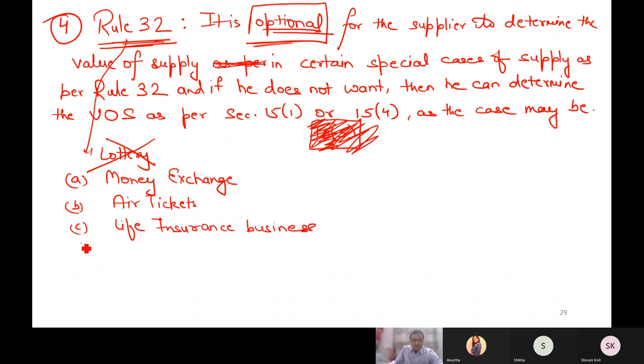Fourth supply is dealing in second-hand goods. Fifth supply is redeemable vouchers.